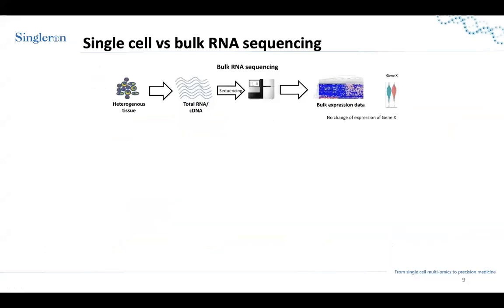So what is the principle of bulk versus single cell in terms of technology? Again, you have a heterogeneous tissue with different cell types here, green, yellow, red. From this, you get the RNA content, the mRNA, which you convert to cDNA afterwards.